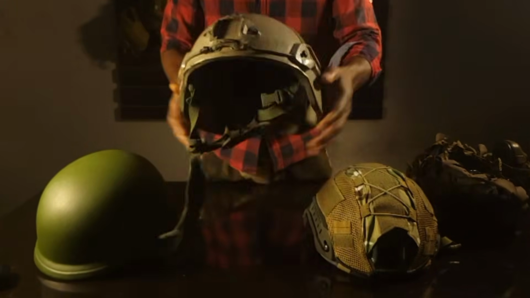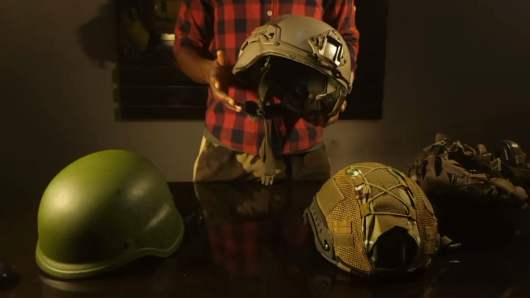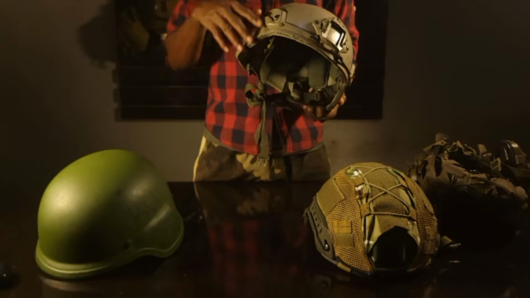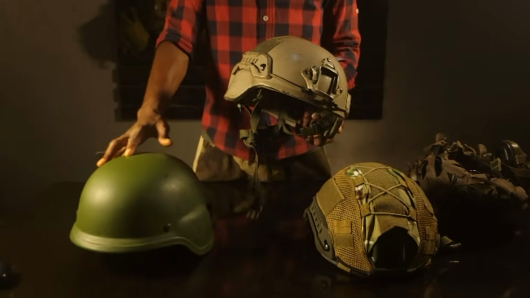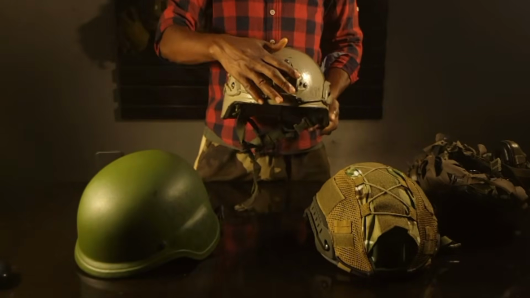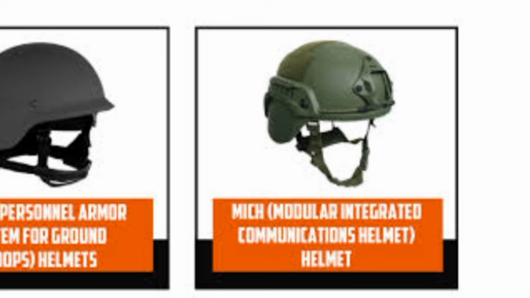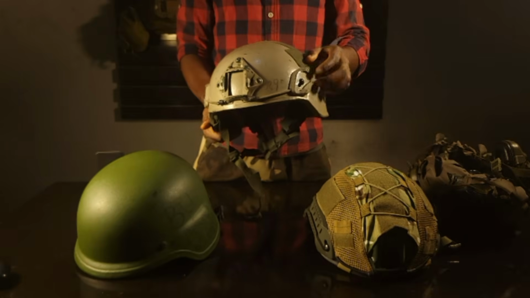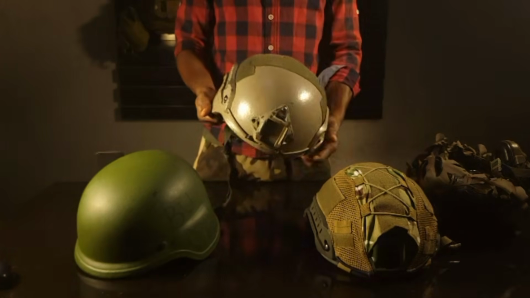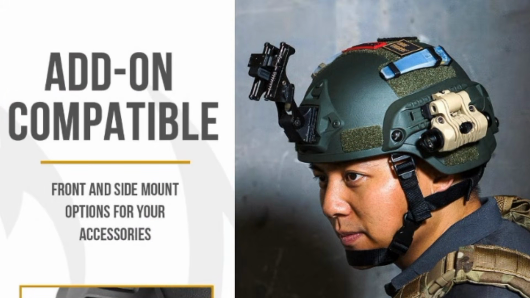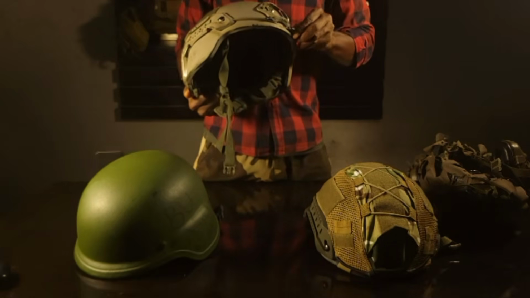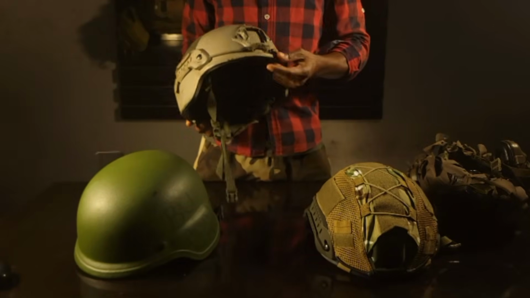Next one is the high cut, or should we say mid cut, but it's basically not mid cut, it's just a full cut helmet that has a helmet shroud and rails and velcros that allow you to attach patches and other things like an infrared strobe, a counterweight for night vision goggles, and a retention cord for your night vision goggles.